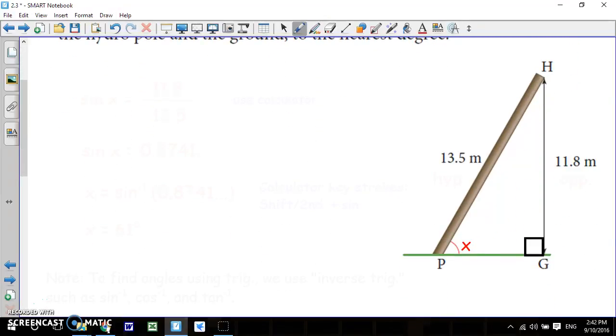So this diagram shows exactly what the question talked about. Notice how when we talk about the height of an object above ground, we can assume that this is a right angle, and 13.5 meters is the hypotenuse, while the angle between the ground and the pole is marked angle X here, and so 11.8 meters is the opposite side.